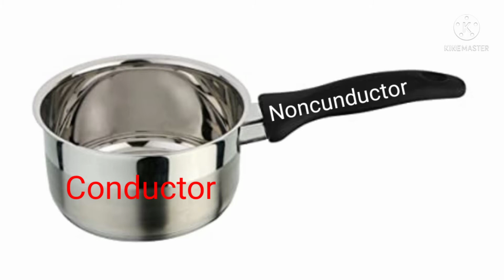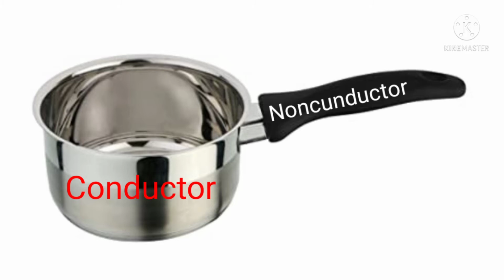What we understood from these paragraphs is that if we take the example of a saucepan, the handle is made of non-conducting material, while its body is made of a good conductor of heat.